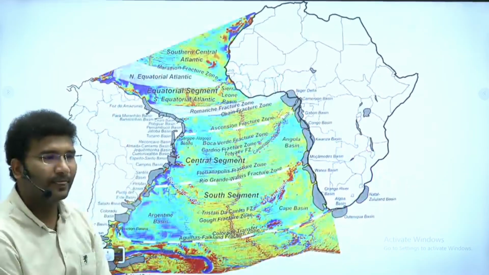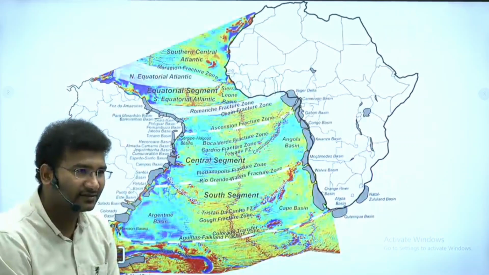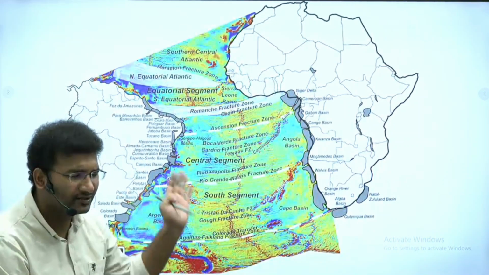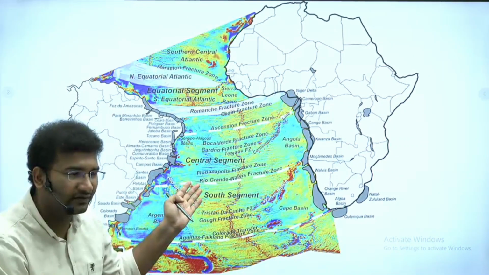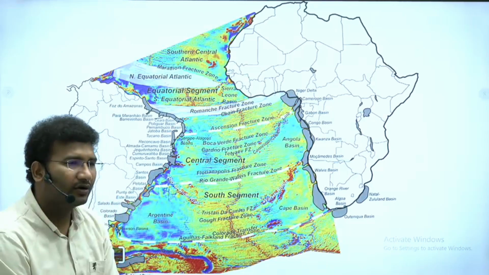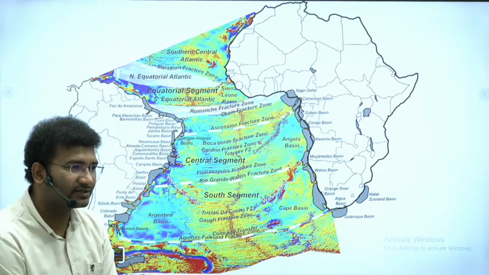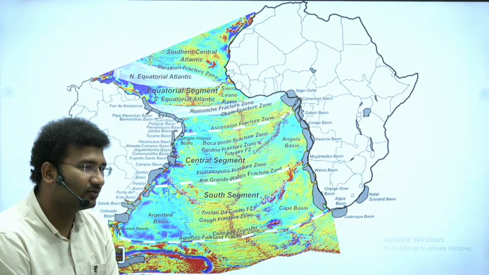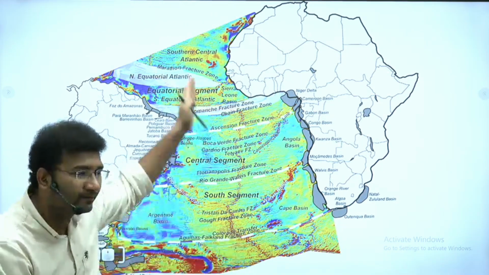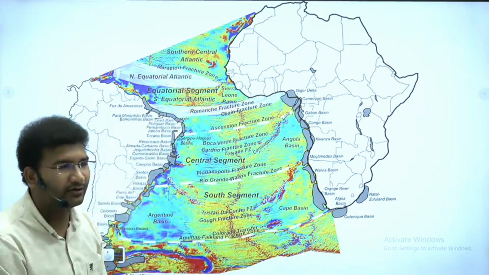But see, after 20 years, after Wegener's death, that means 1912 he gave, in 1934, there was research taking place that started to map the oceanic floor of the Atlantic Ocean here.